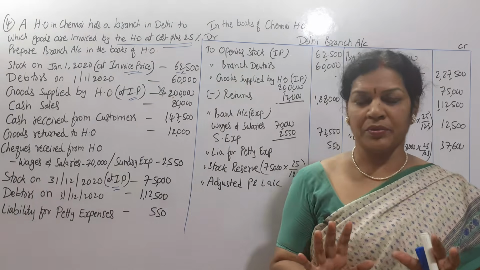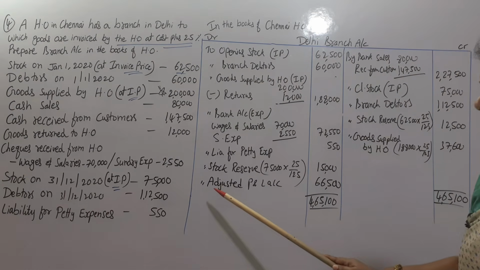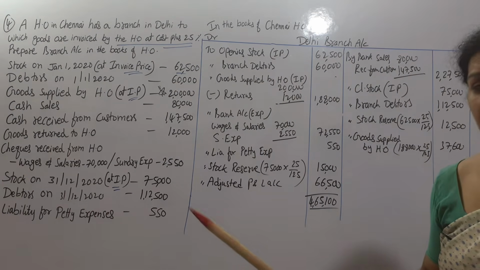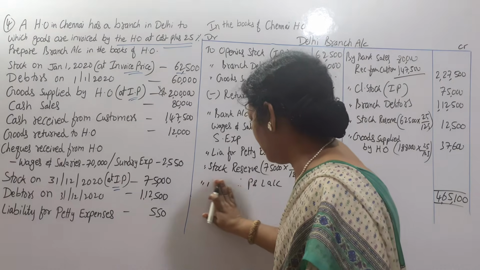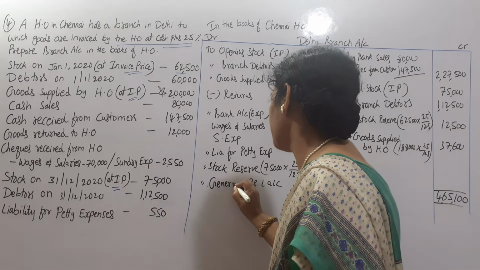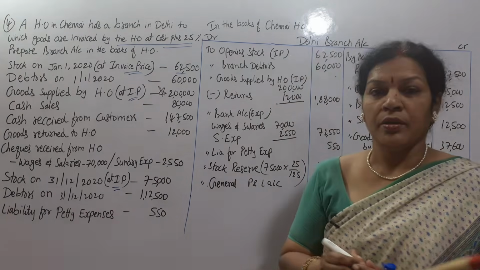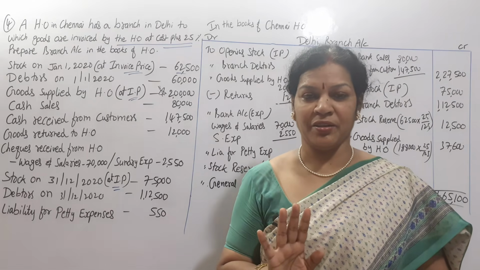Okay, now let me give you a recap. So one thing I said, adjusted P&L account, or you can say general P&L account also. Now in this problem, invoice price, that we have calculated.